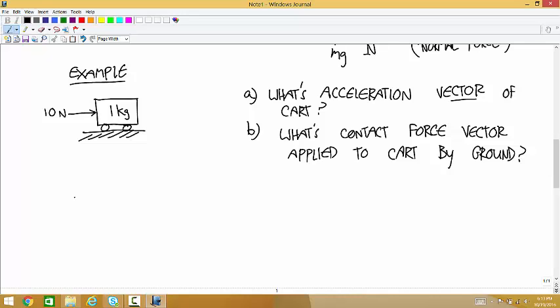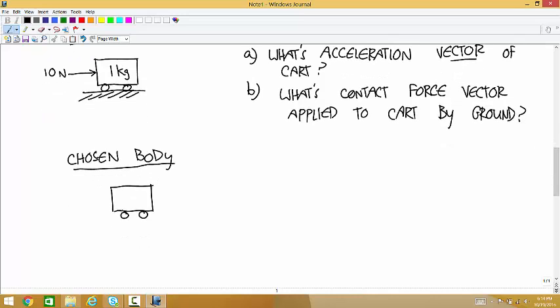All right, well, the body we're going to choose to isolate is the cart. So there's the cart. And now let's think about the forces acting on it. There's a weight. That's 1 kilogram times 9.81, so 9.81 newtons down.